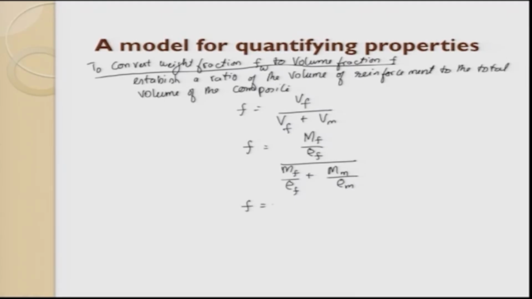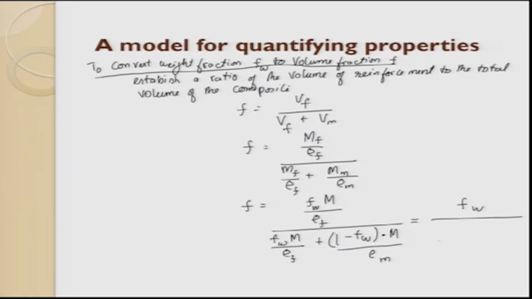This can be further simplified and written as FW M divided by rho of F, that whole divided by FW M divided by rho of F plus 1 minus FW into M divided by rho M. So, this can be written as FW divided by FW plus 1 minus FW into rho of F by rho of M.